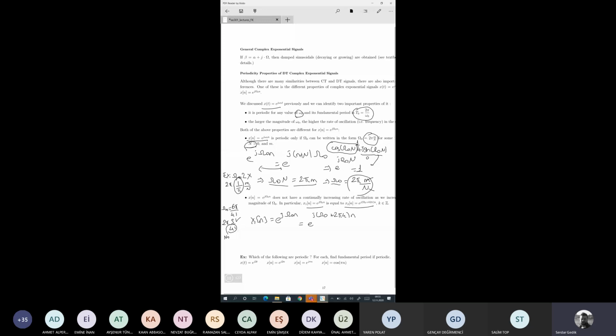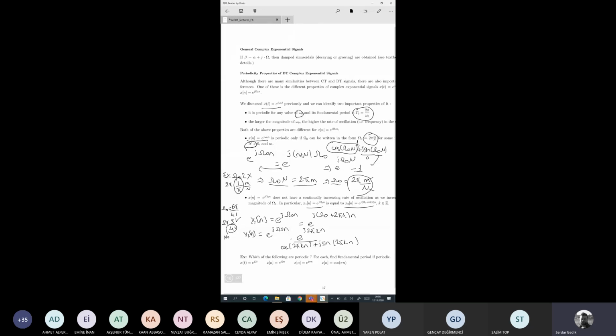So this x2 is written as e to the power j omega 0 n times e to the power j 2 pi k n, and this is equal to cosine 2 pi k n plus j sine 2 pi k n.